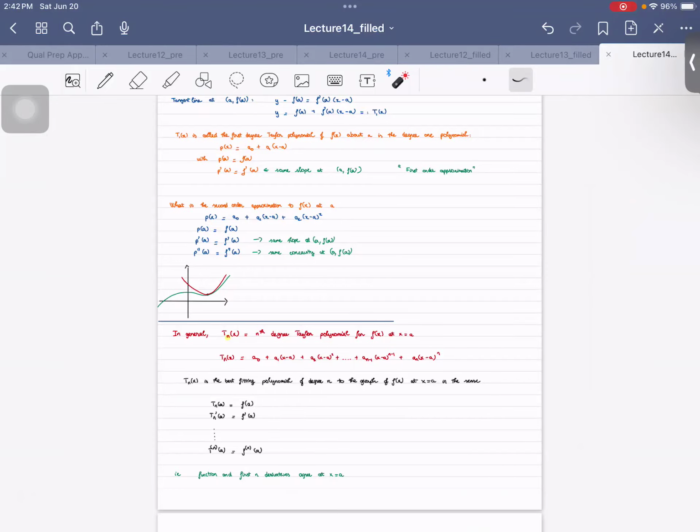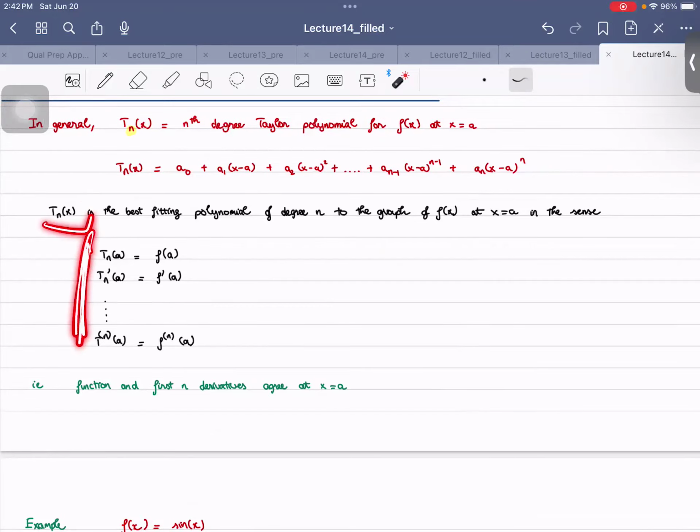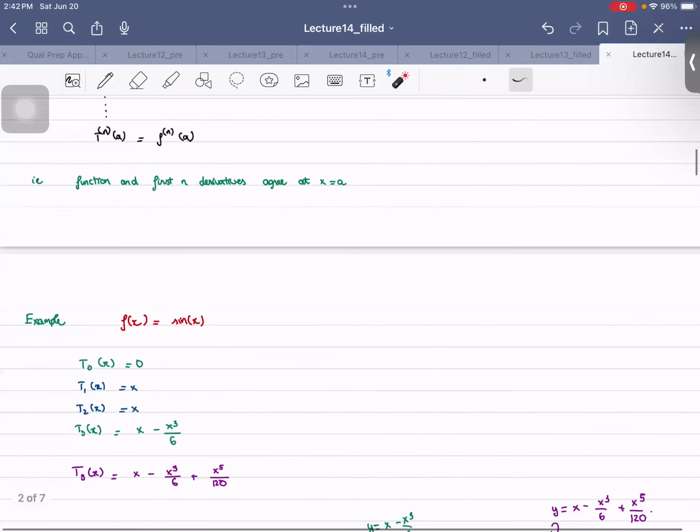Remember that the more terms you have, the better the approximation is, and the Taylor polynomial has the responsibility to carry the information of the original function in terms of output, rate of change, concavity, and more information about derivatives. So this is the key thing. Remember that your Taylor polynomial approximation will carry the information about the derivatives of your original function.